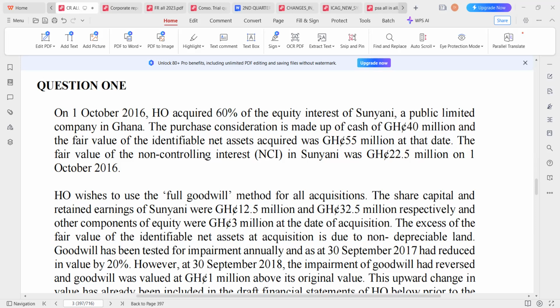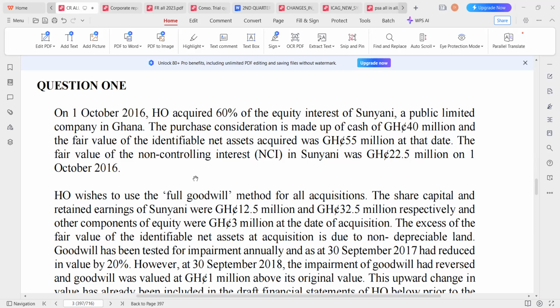So what you have to do is establish your group structure. It says that on 1st October 2016, Ho acquired 60% equity interest of Sunyani, a public limited liability company.